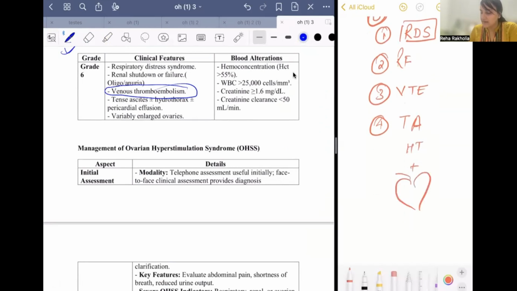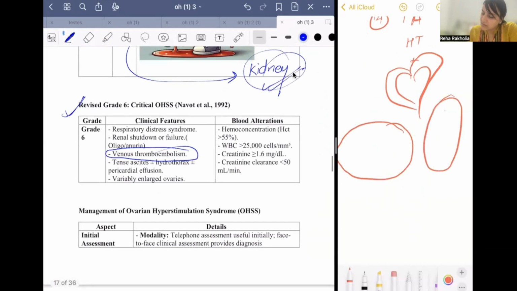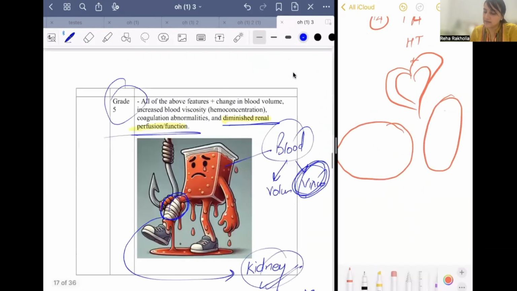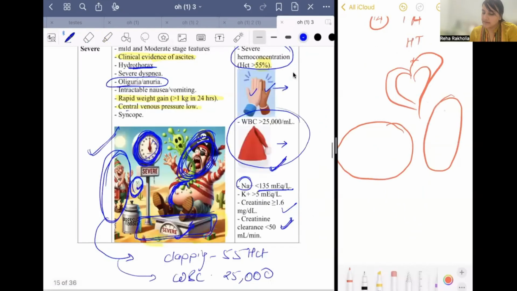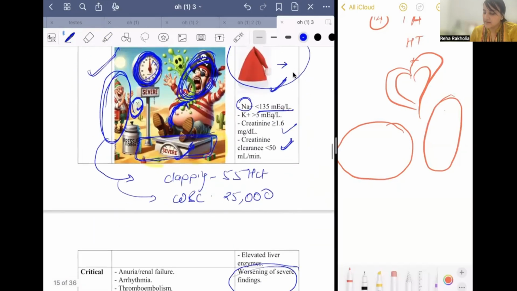Now even the heart has water in it, means pericardial effusion, and there will be variable enlarged ovary, there will be variable hemoconcentration. All the things which were happening in this ASRM severe cases will happen in the Golan critical case.